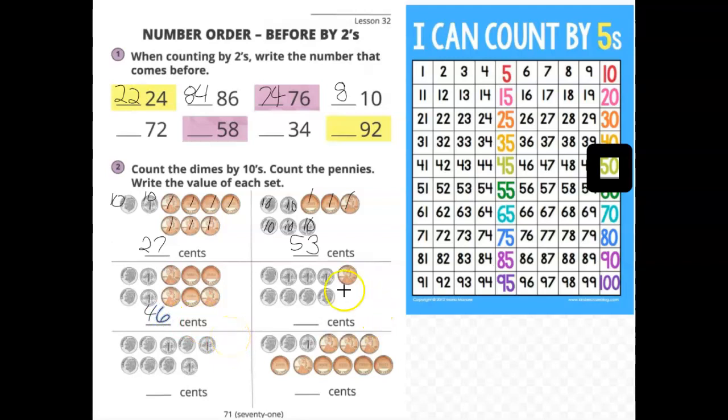Okay. All right, now we're right here. Let's count by tens. 10, 20, 30, 40, 50, 60, 70, 80, then one more, 81.